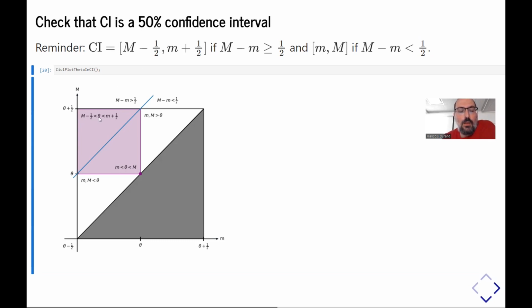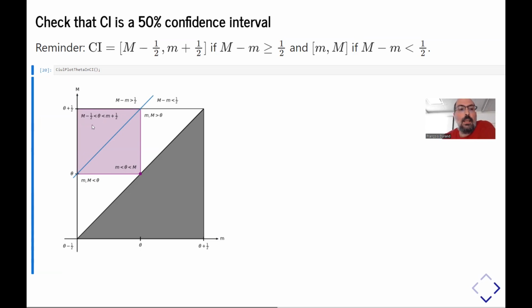So is it the case that theta is here? To say it otherwise, is it the case that little m, for example, is greater than theta minus 1/2? Yes, of course. And by the way, is it the case that big M is smaller than theta plus 1/2?